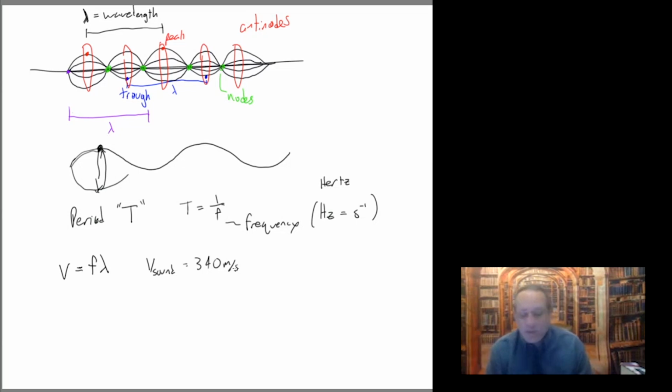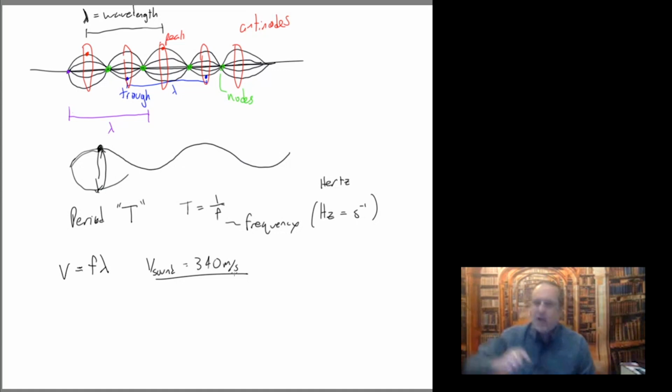That's the textbook number for the speed of sound at standard temperature and pressure. And because the speed of sound is fixed in air, the higher the frequency, the lower the wavelength. And the bigger the wavelength, the lower the frequency. They multiply together to get a constant, so they're inversely proportional.